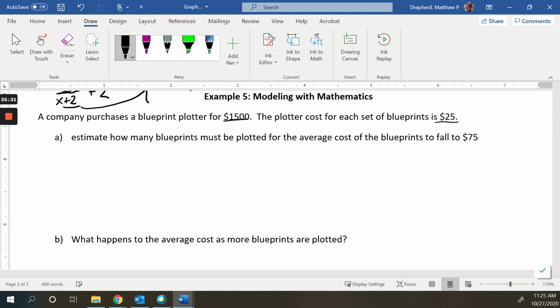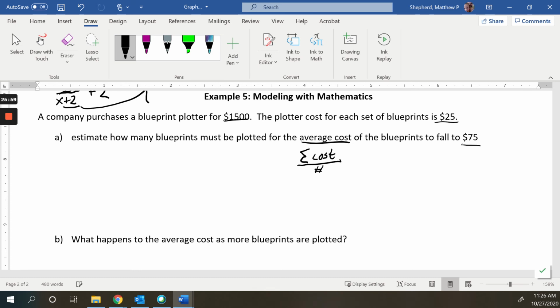Okay, so average cost. Average means we add up all of the costs. So this is a sum sign. It means to add them all up. So we add up all of our costs, and then we divide by however many there were.